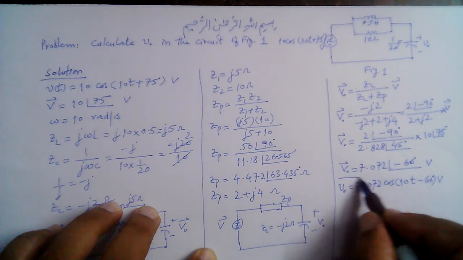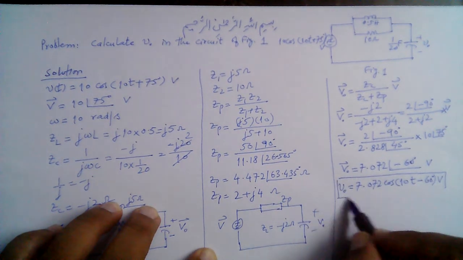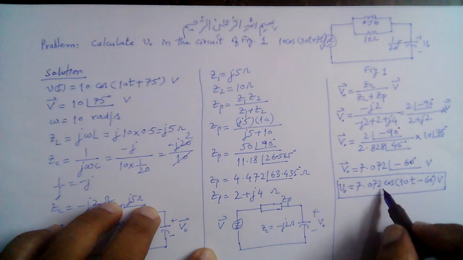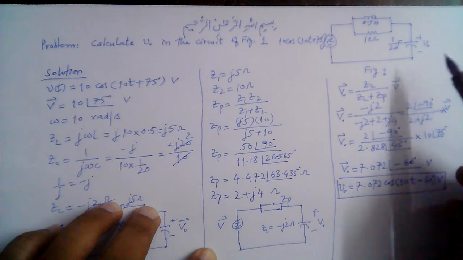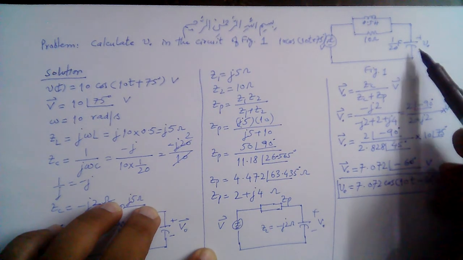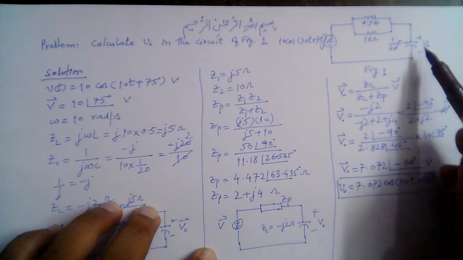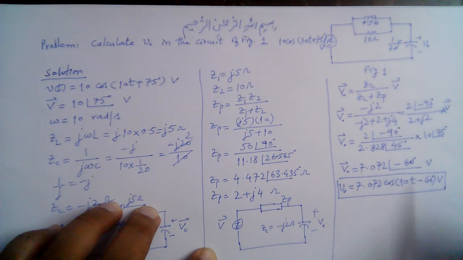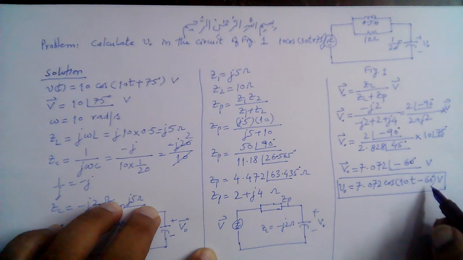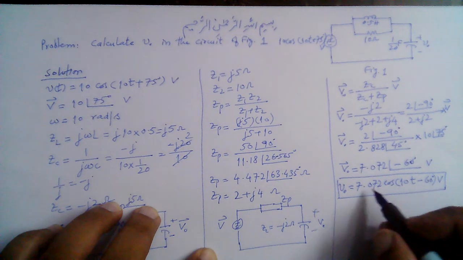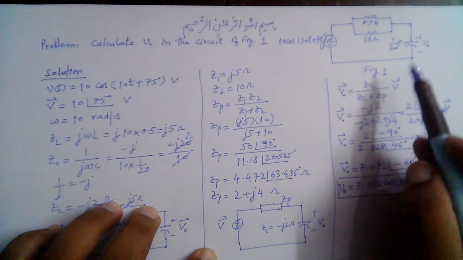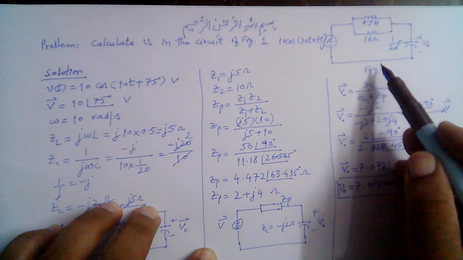So this is the required answer. So this is the voltage across this capacitor here. And if you note it, this voltage can also be computed in the time domain, but the process will be quite complex.